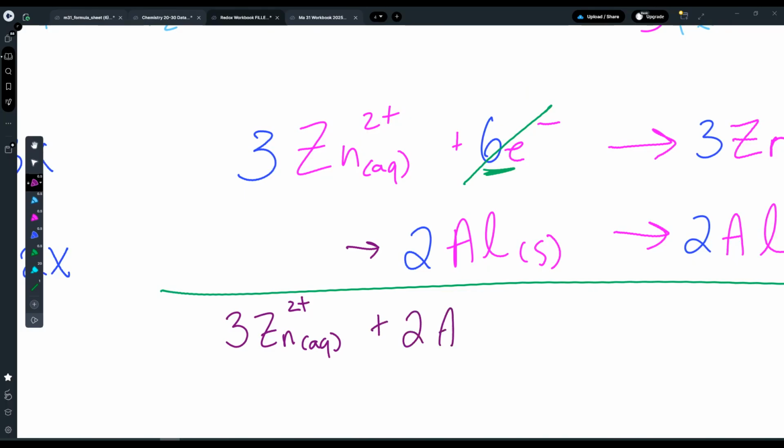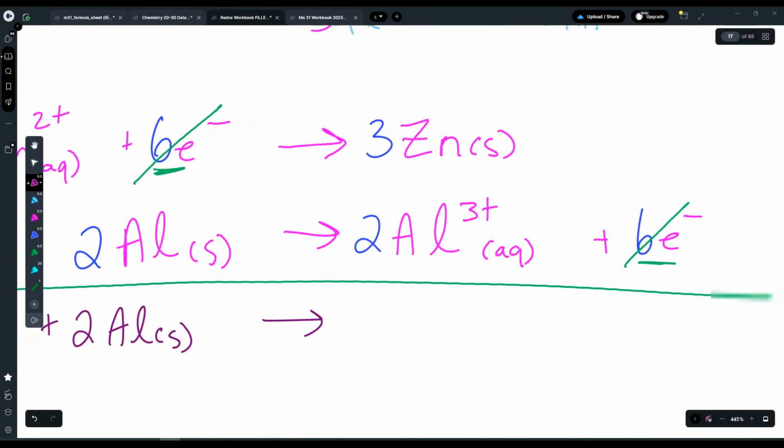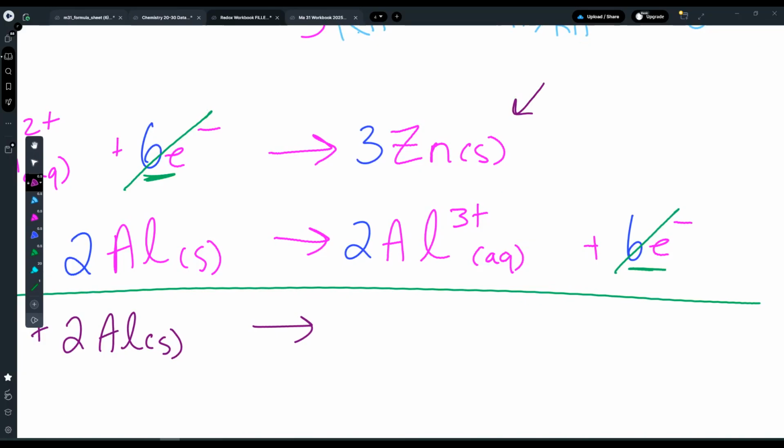So I've got 2 aluminum solids. Gives me, and now I'm going to start with my products with the first reaction products. So 3 zinc solid plus 2 aluminum 3 plus aqueous. And then I'm not going to write the 6 electrons because they canceled out.